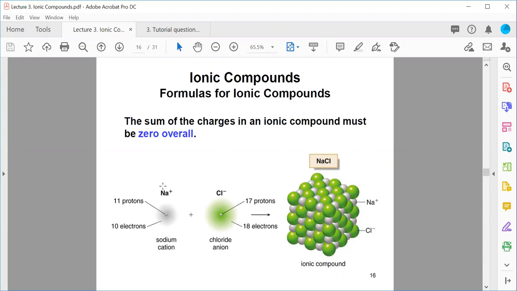We start off with a sodium ion and a chloride anion. Single positive charge, a single negative charge. That means we only need one of each to balance out the charges and therefore form this ionic compound, which has a 0 charge overall.